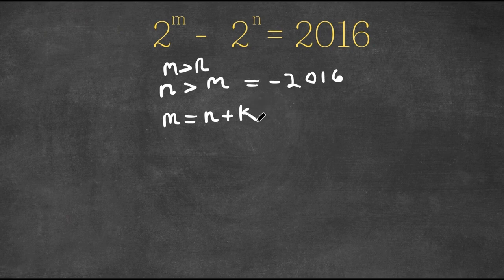K being a constant. So now if I subtract k on both sides, I get m minus k is equal to n.